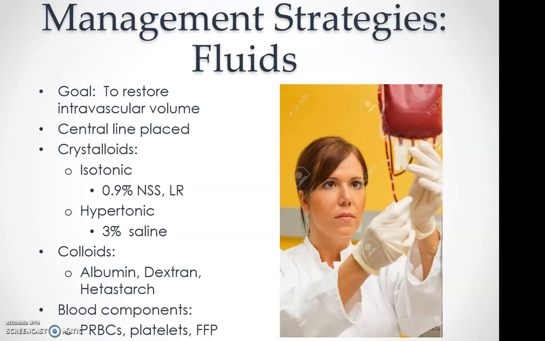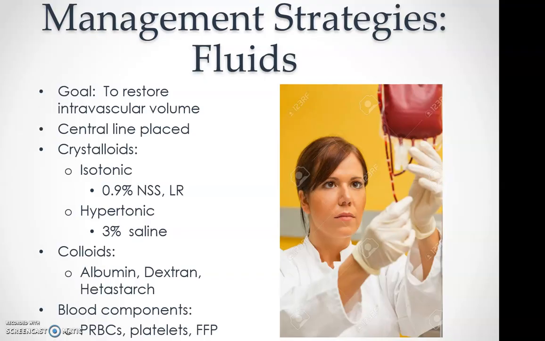Typically, we're going to start with crystalloids, and we like isotonic crystalloids like normal saline or lactated Ringer's. However, if we're trying to pull fluid out of tissues and into the vasculature, we might use a hypertonic solution like 3% saline to try to draw that fluid out of the tissues. We need to expand volume, either until we can give blood products or in place of blood products.